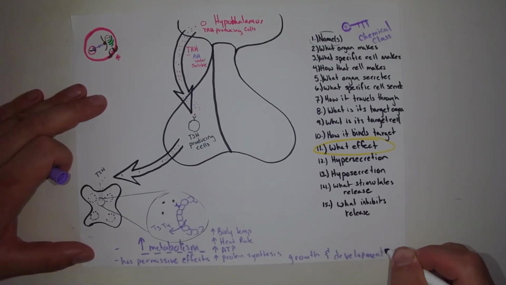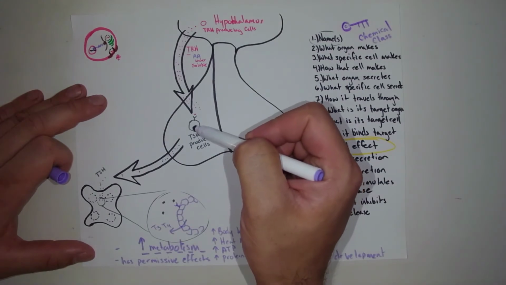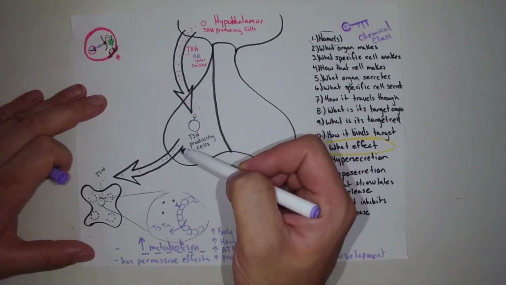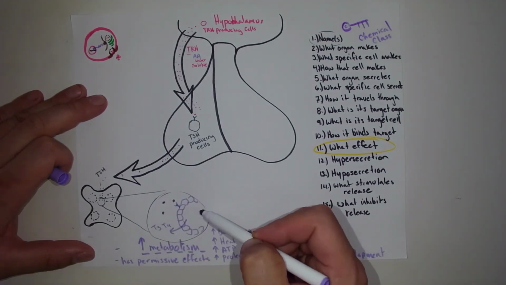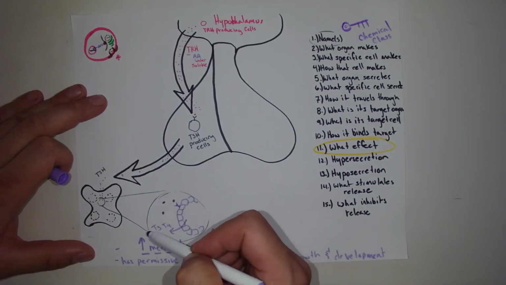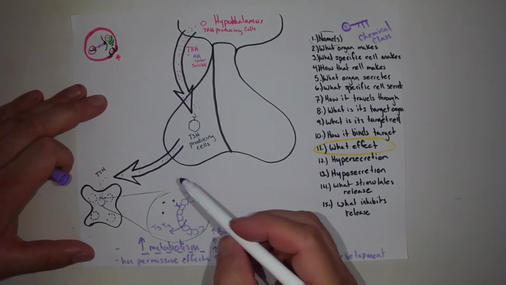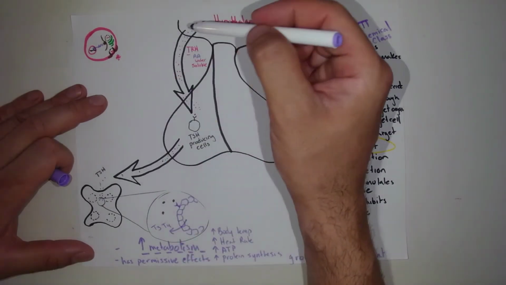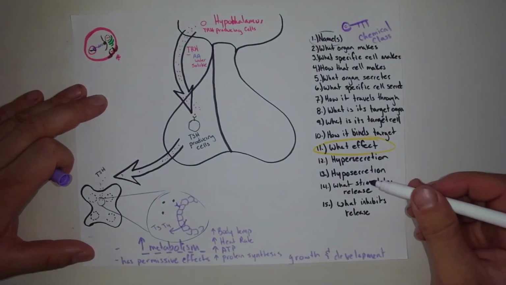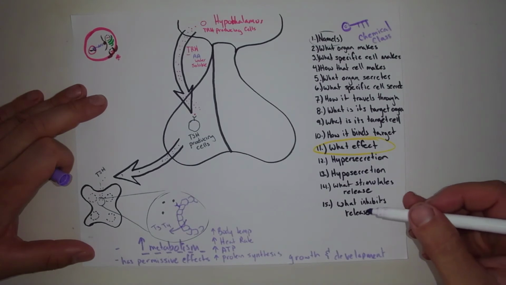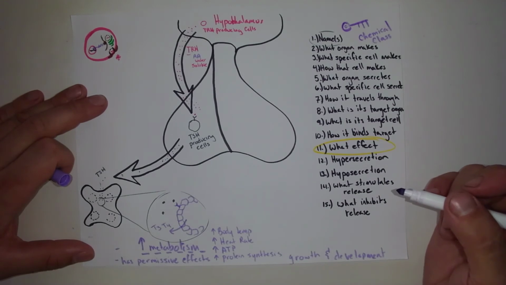Okay, now that we know what TRH does, what the hormone that TRH causes the release of does to a cell, and what its hormone does to the body, we can understand what is going to feed back to inhibit or cause the release of TRH.